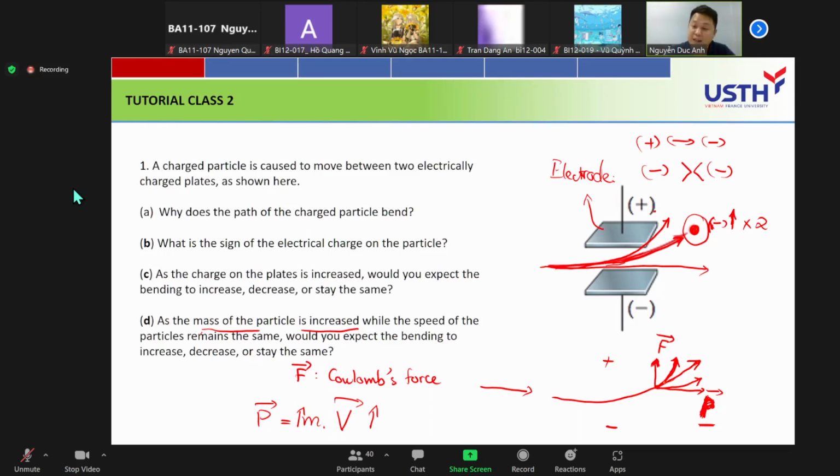So now the particles go less bend. So we can say that the charge increase makes the bending increase, but the mass increase makes the bending decrease. Okay, do you understand it?